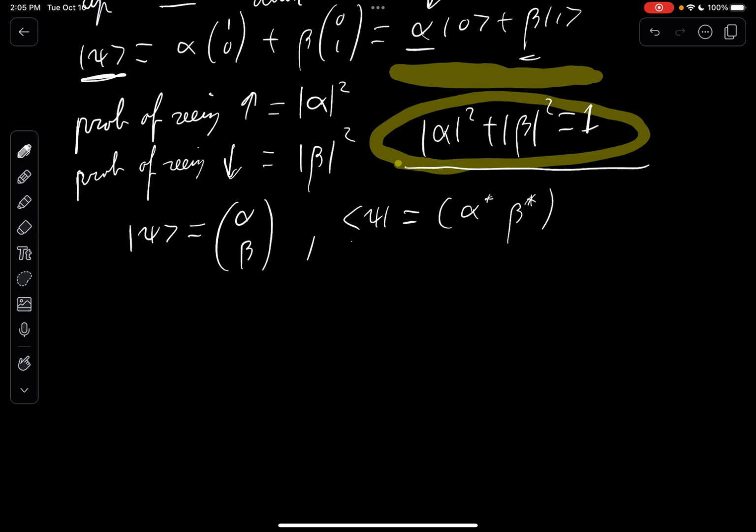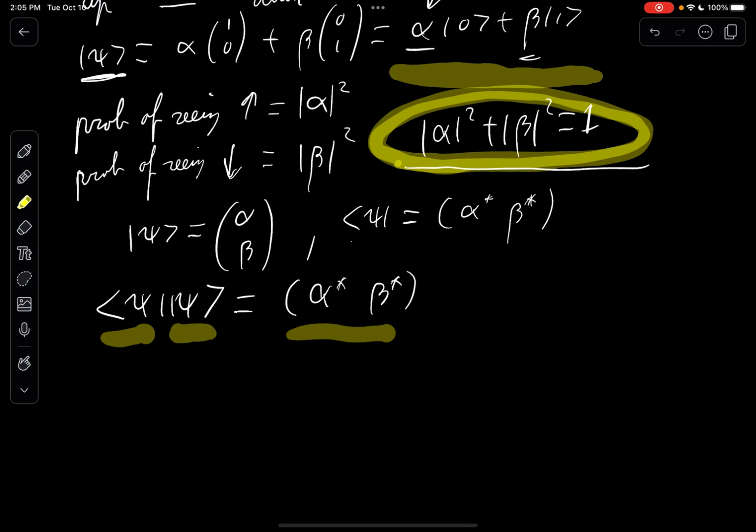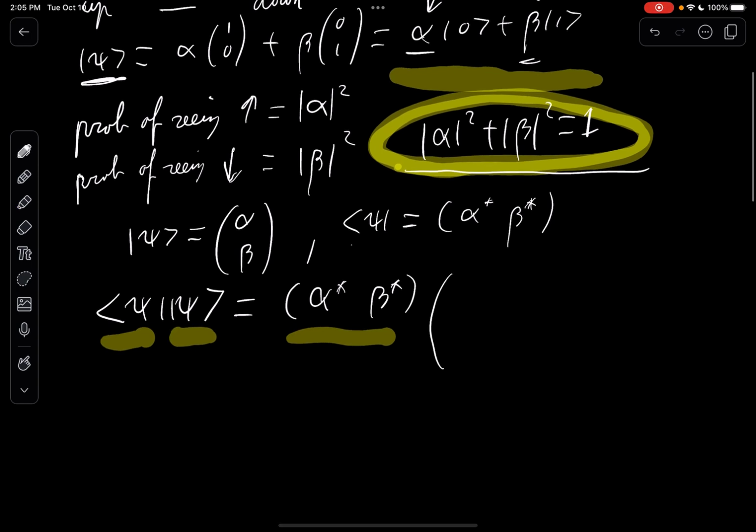Why would we want to do this? Well, it turns out that this condition here is equivalent to the following. Let me write this out. I'm going to write down this part here, which was alpha conjugate, beta conjugate. Now I'm going to write down this part, which was just our ordinary vector.